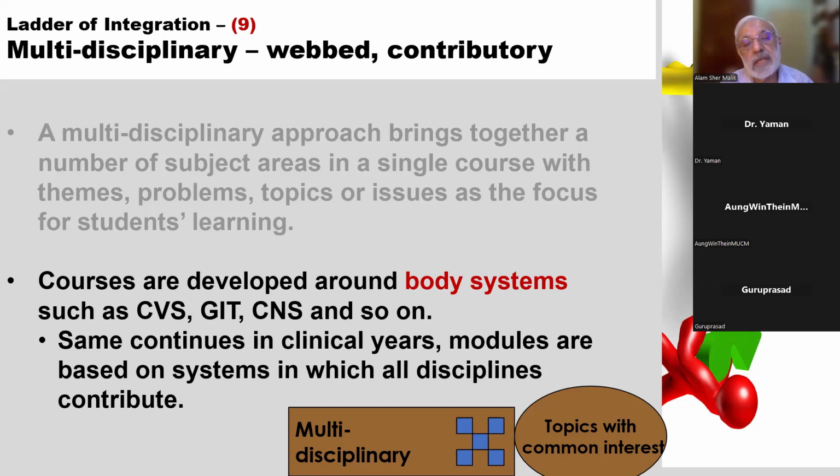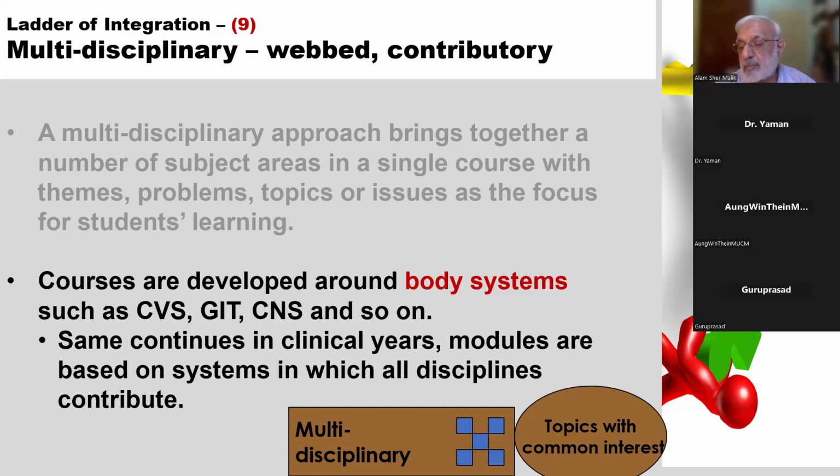And imagine if we can continue the same body systems in clinical years. For example, we have this cardiovascular module in the so-called preclinical years. And in clinical years, we also have a cardiovascular module where all the disciplines like medicine, pediatrics, surgery, everybody is teaching about CVS.